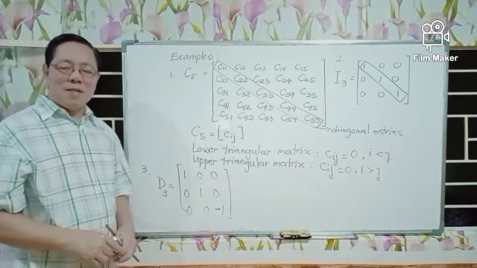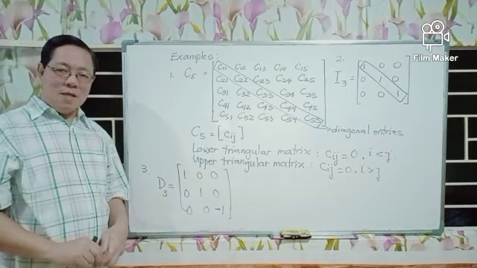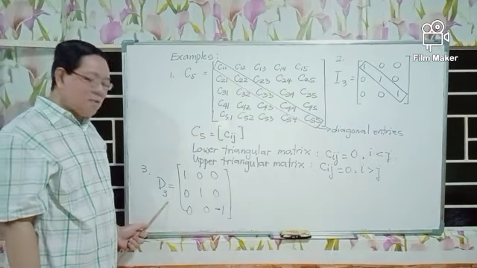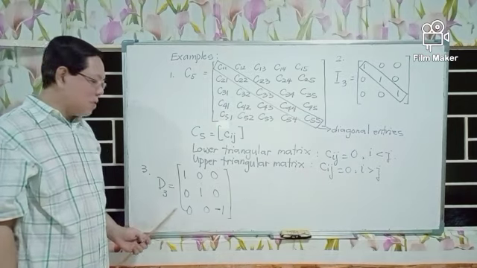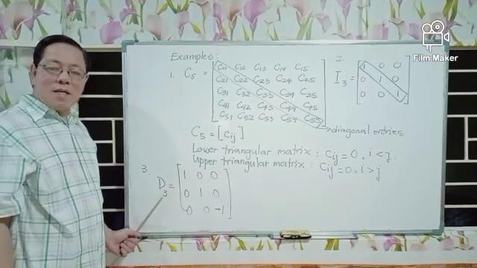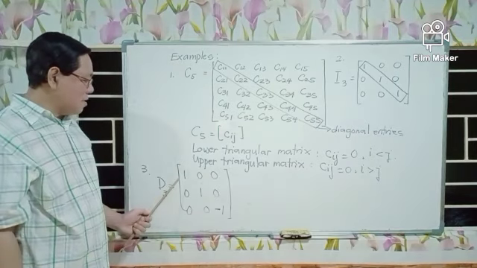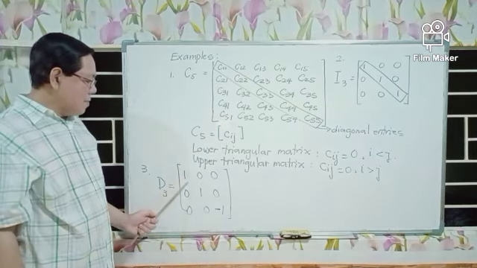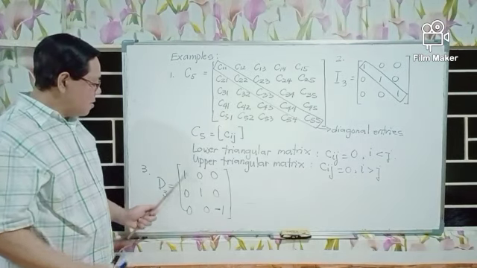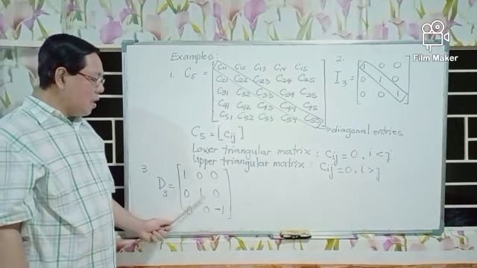Consider this matrix D sub 3. D sub 3 is a square matrix with size 3 by 3. It has 3 rows and 3 columns. And this is an example of a diagonal matrix. The non-diagonal entries are 0. The diagonal entries are 1, 1, negative 1.